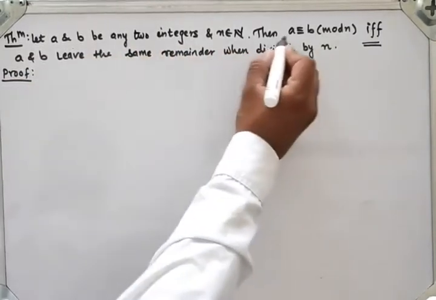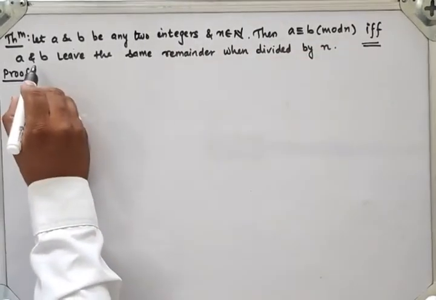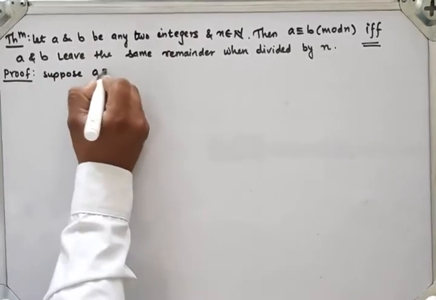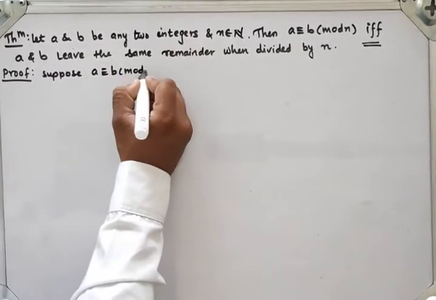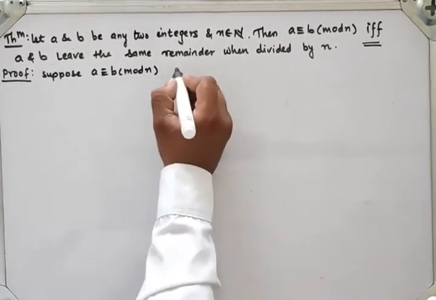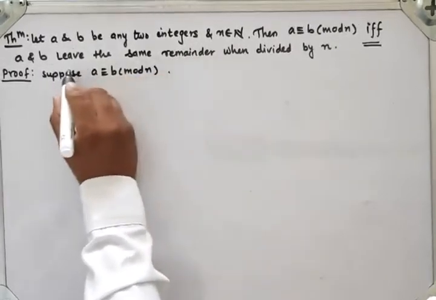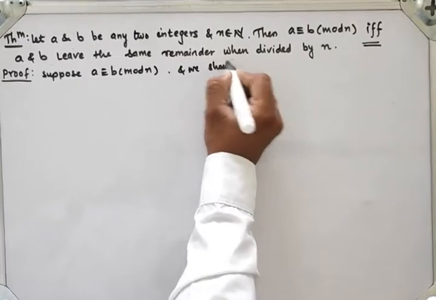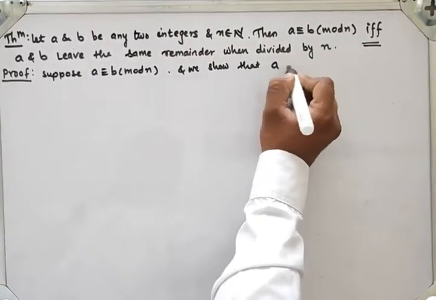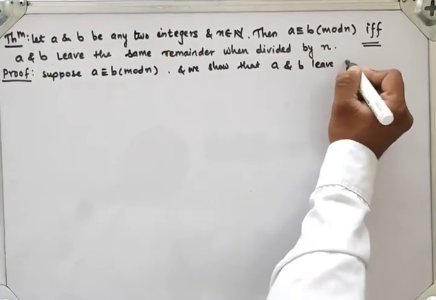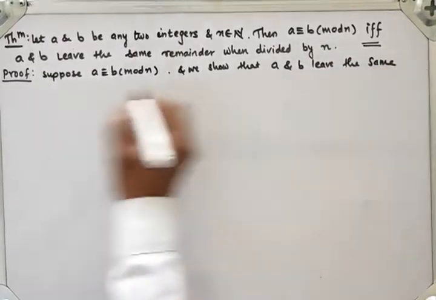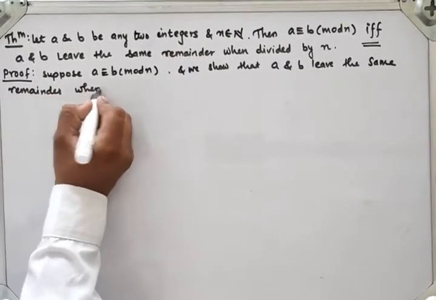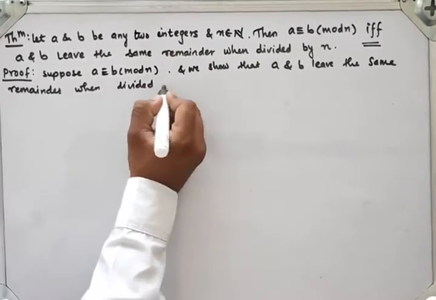Suppose a is congruent to b modulo n, and then we have to show that a and b leave the same remainder when divided by n.